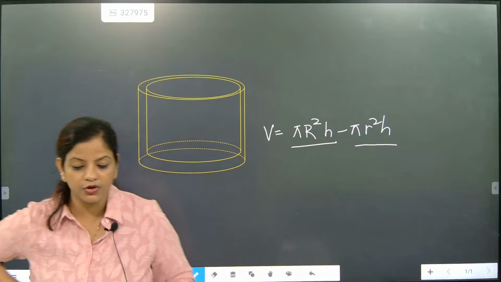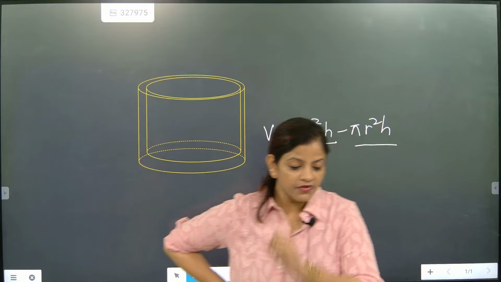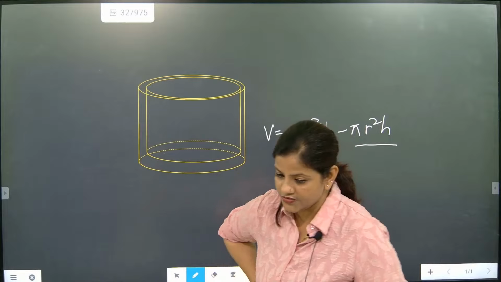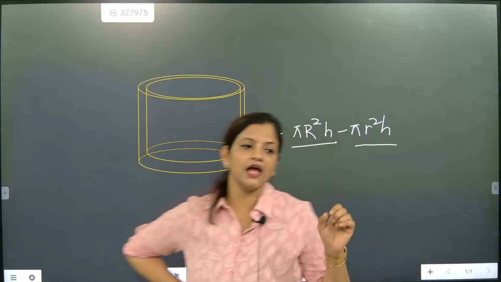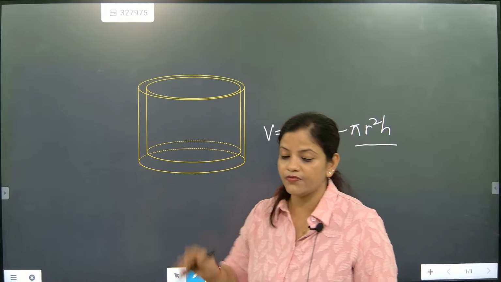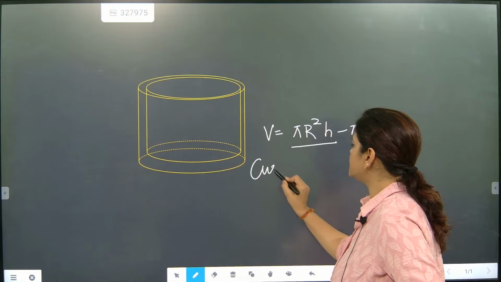Now the second section we are going to start is to understand the curved surface area and total surface area. How are we going to find them? So I'm just going to start with curved surface area.